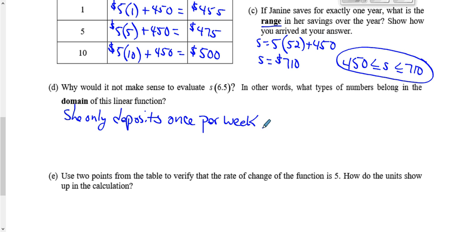What about the domain? I should put an R up here for range, by the way. What about the domain, D? For all time. From 1 to 52? Do 0 weeks. We started at 0 to what? Who says she's stopping at a year?